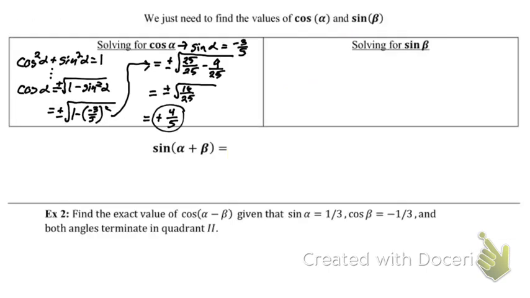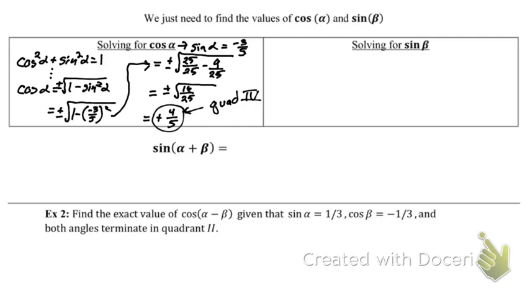So it's going to be a positive 4 over 5 because we are in quadrant 4. Don't get confused with this shortcut. If you want to, you can take that negative 3 over 5 and plug it in for your sine here and solve it like you normally do. This just cuts a little bit of time off your solving process.